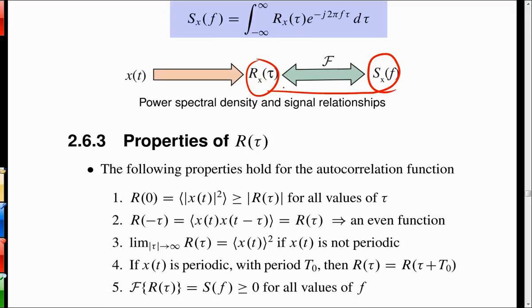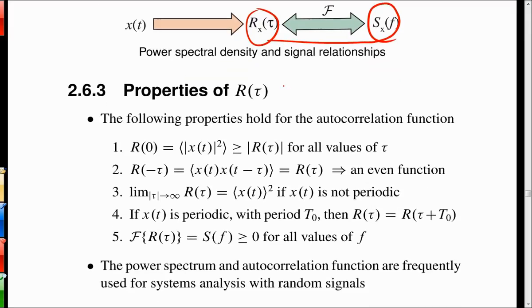So what are some properties of the autocorrelation function? R at 0, 0 lag, has the waveforms aligned, so that is equal to the average power, and that is also the largest value of the autocorrelation function in magnitude. And that kind of makes sense. When you're perfectly aligned, you've got the most correlation.